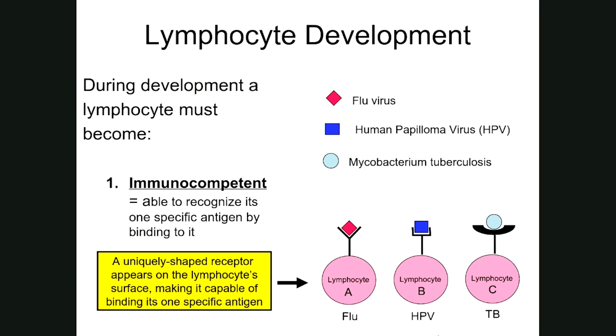And if it developed in another species, we have no idea what its shape might be, and that increases the chances that we're not going to have a receptor that's going to be able to bind it. So that's why there's always a panic when we've got swine flu or we've got a new avian flu, because we're just not sure how well the human body is going to be able to react to it.